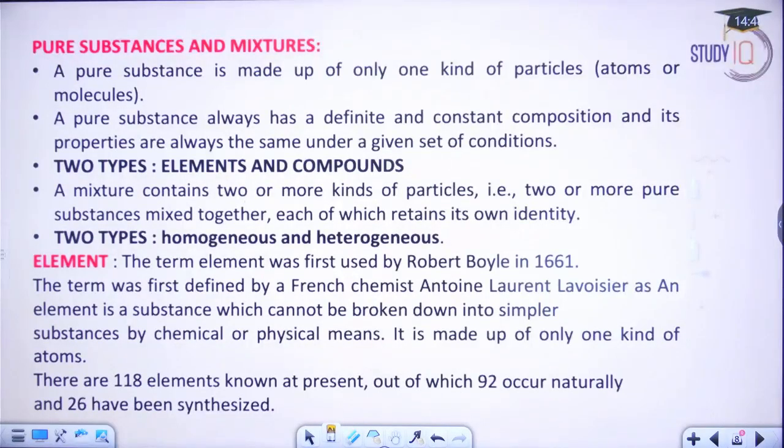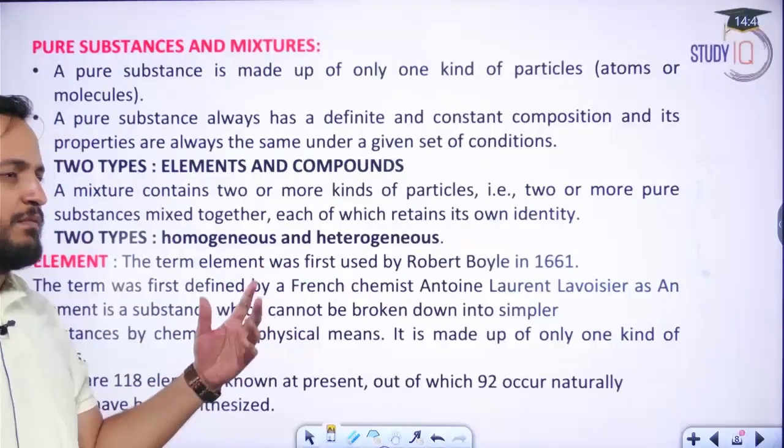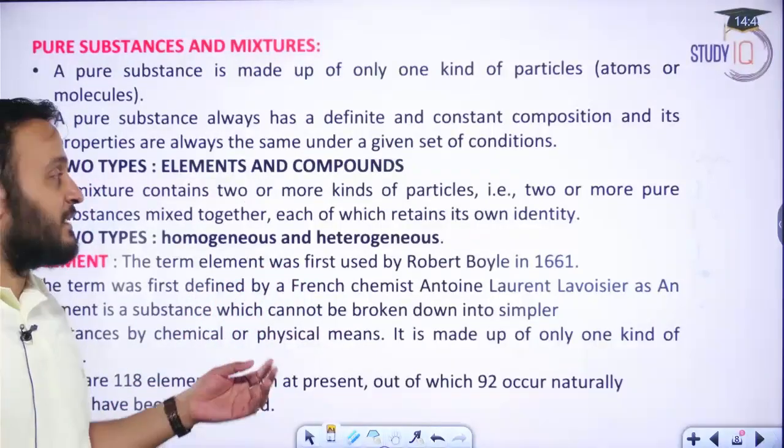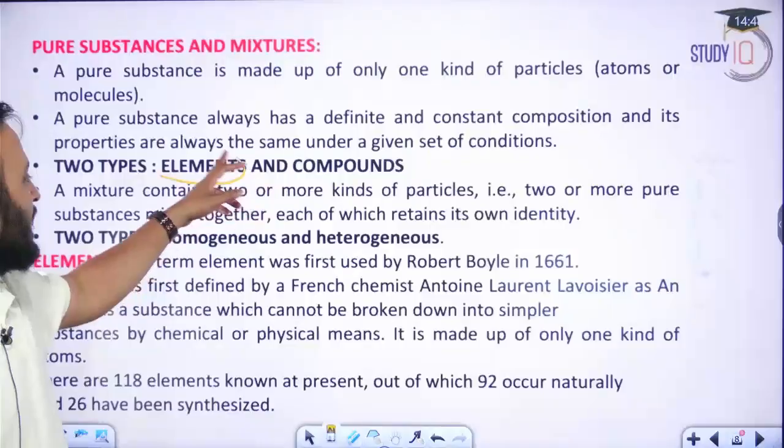So that is basically the two types: elements and compounds. However, guys, any such kind of particles which are repeated multiple times and make something very similar, they are elements.